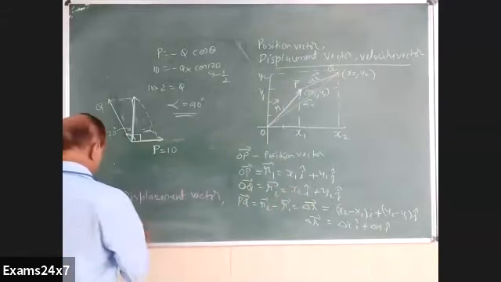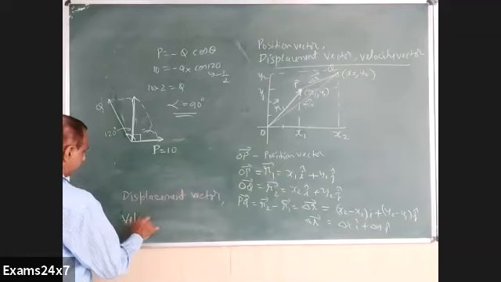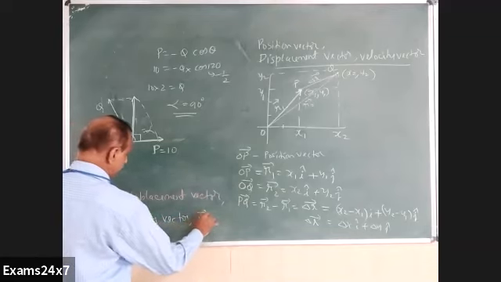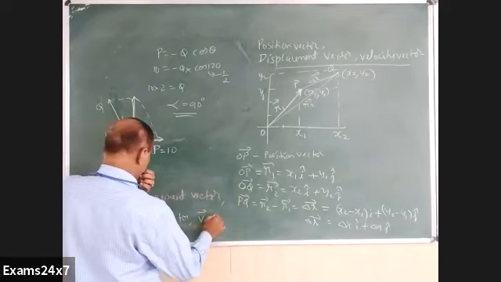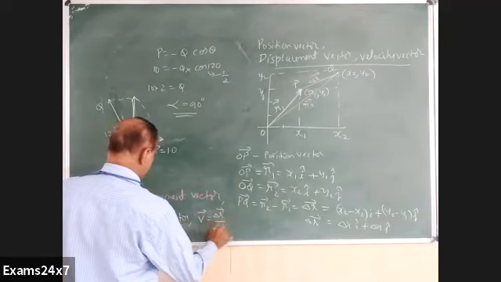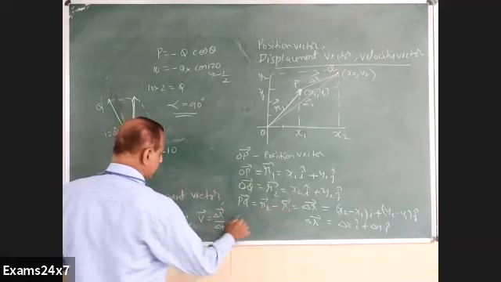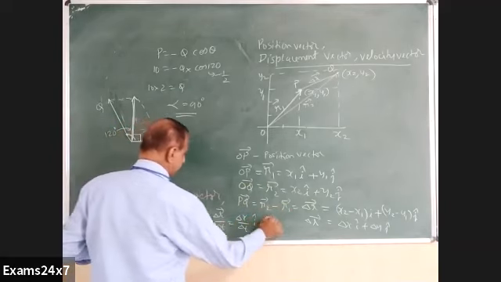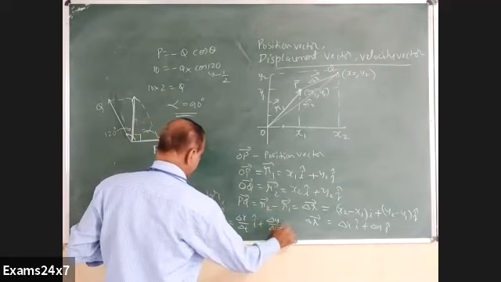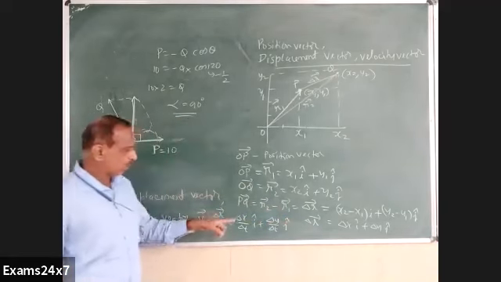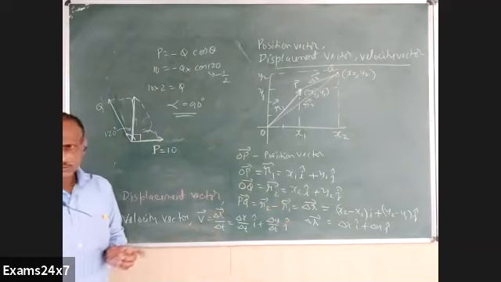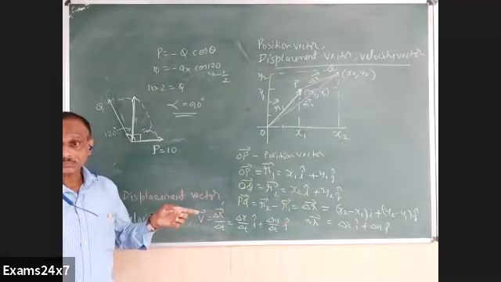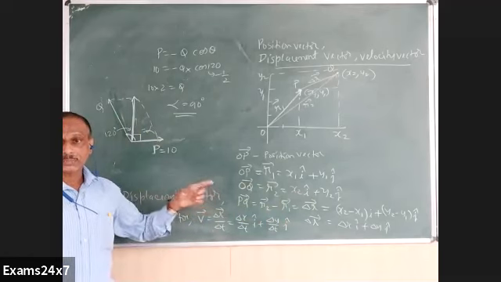So third one, velocity vector is nothing but V vector equals delta R upon delta t, which means delta x by delta t along the i direction, delta y by delta t along the j direction. What is this delta x by delta t? That is a very important thing now. Delta x by delta t.